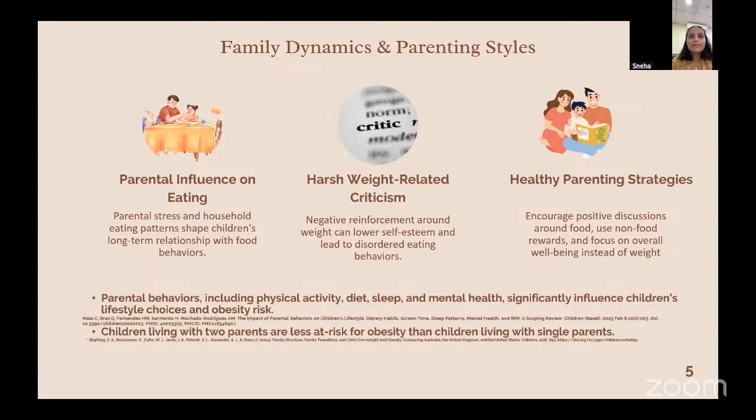So parental stress and their issues also have to be addressed. A child's long-term relationship with food depends on the parent. And we should also keep a check on harsh weight-related criticism. Often it comes from the family rather than from outside, and that has to be addressed. And also we have to adopt some healthy parenting strategies.